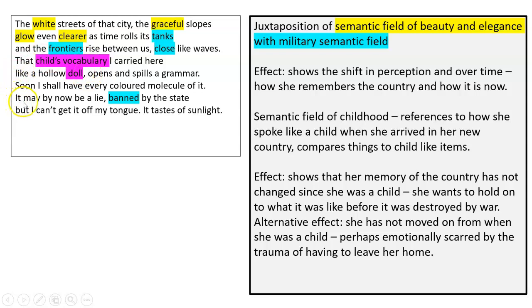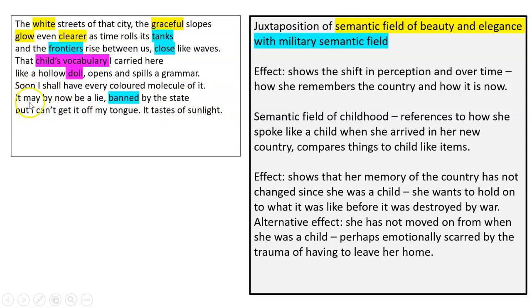Now she says, it may now be a lie banned by the state, but I can't get it off my tongue. It tastes of sunlight. And again, we see that word sunlight appearing again at the end of the verse.